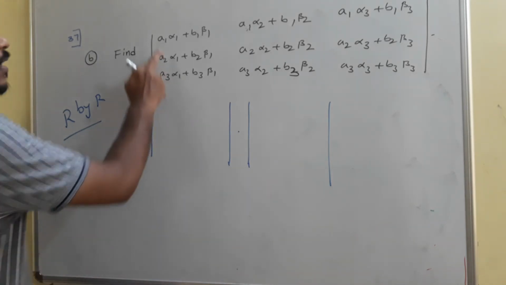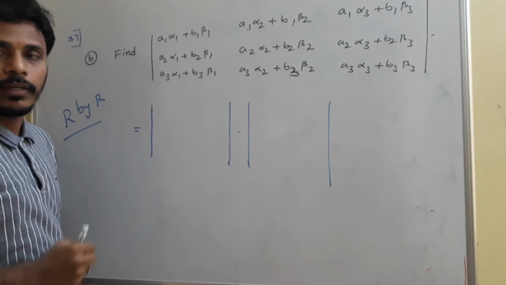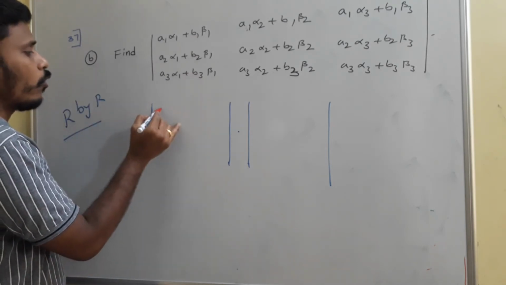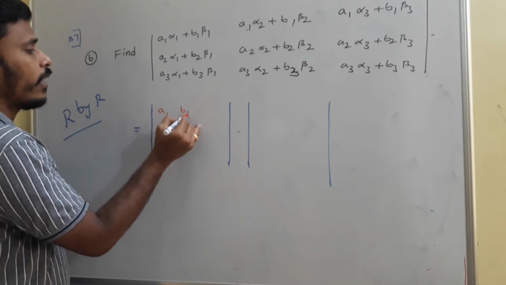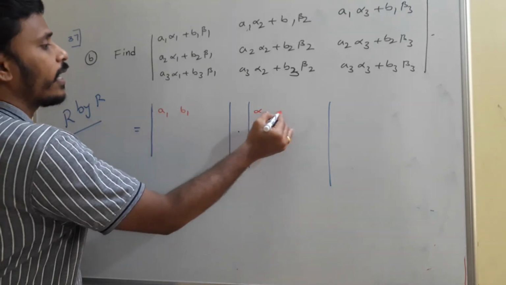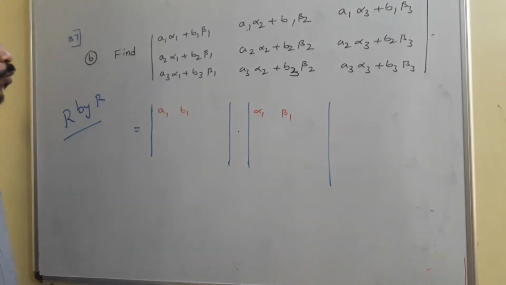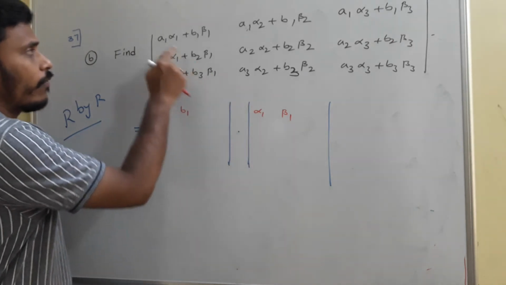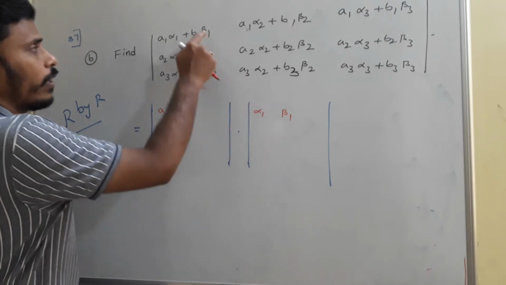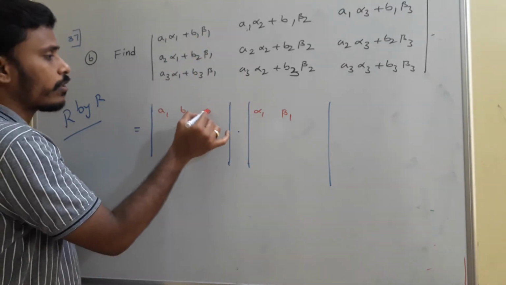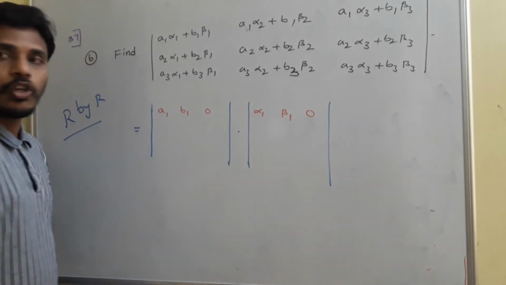Here it is A1 alpha 1, B1 beta 1. So it directly suggests that since I am moving row by row, take here A1, take here B1, and here alpha 1 and here beta 1. If you multiply row wise, what will happen? A1 alpha 1 plus B1 beta 1, and then no element is there in the third position, so you just take 0 and 0 since it is not there.